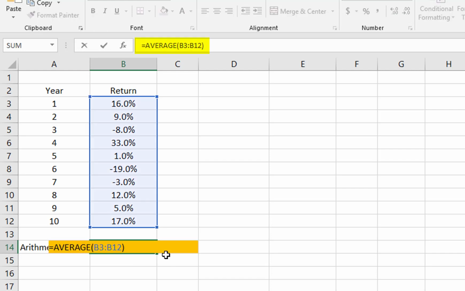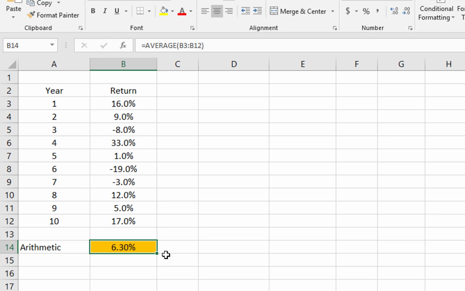With the average function, I just highlight all of the cells I want to take an average of, and I would get my answer of 6.3%. I went ahead and took it out to 2 decimal places, to the 1/100th of a percent level, and that would be my preference in any returns that you're reporting for the class.